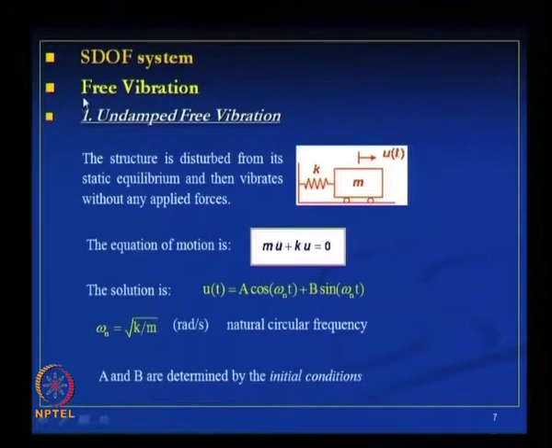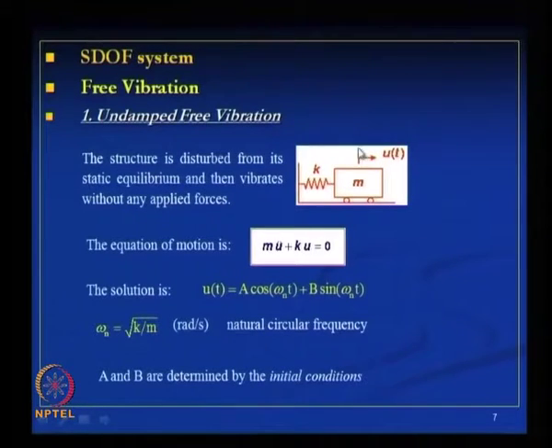Again, we have seen the solution in the previous lecture for the undamped free vibration case, that is the first sub-classification of the vibration. When mass and spring are present, the damper is not present. That is why undamped, and as this was free vibration, there is no externally applied dynamic load acting on the system.